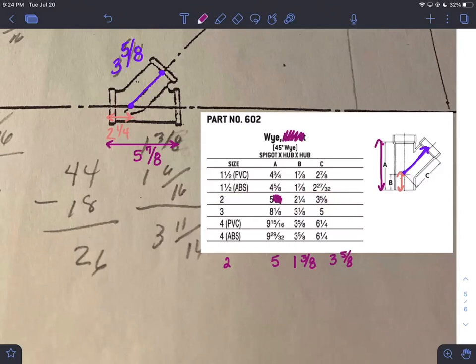Okay, sorry. So these are the correct numbers for the Y. I pulled the wrong image, but the diagram is nearly the same. The only difference are the numbers. So this number here should actually be 1 3/8. And then this number down here should actually be 5. Okay, so same idea. This is still 5. This is still 1 3/8.